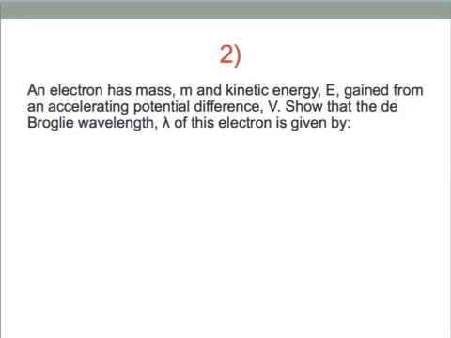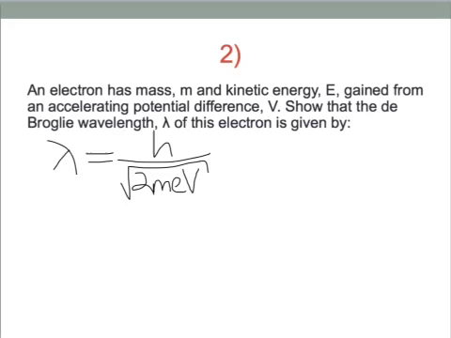Okay, question 2. The electron has mass m and kinetic energy E, gained from an accelerating potential difference V. Show that the de Broglie wavelength lambda of this electron is given by the following relationship. So that's what we have to show.